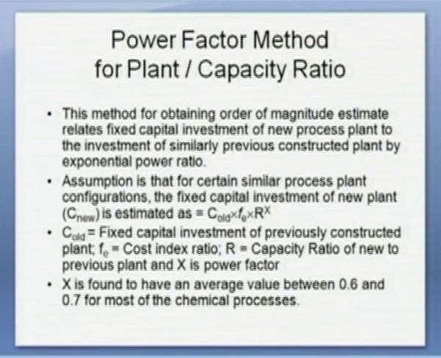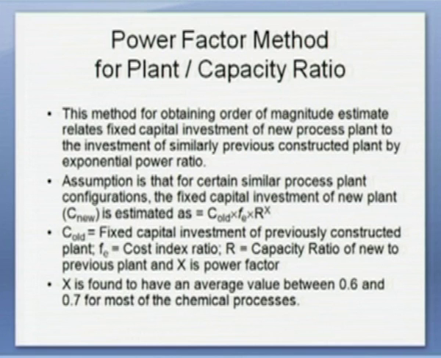So, here you separate the two components of the fixed capital investment, direct and indirect cost, and only multiply the capacity ratio to the direct cost, because the indirect costs most of the time are fixed charges that remain constant, and they are independent of the capacity of the process.